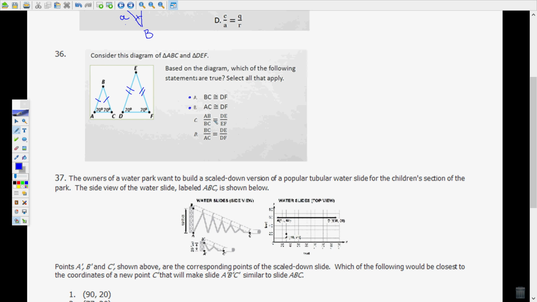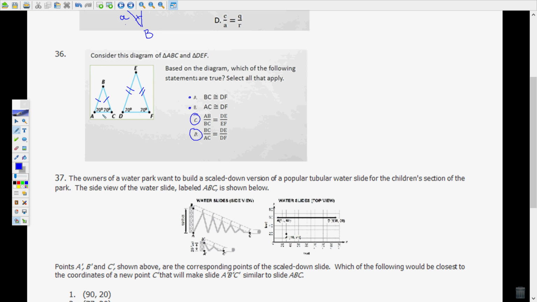However, when you get to C and D, they are actually both correct, because when you say AB over BC equals DE over EF, you're going left, right, left equals left, right. So left over right equals left over right, basically. When you get to D, BC over AC is congruent to DE over DF.